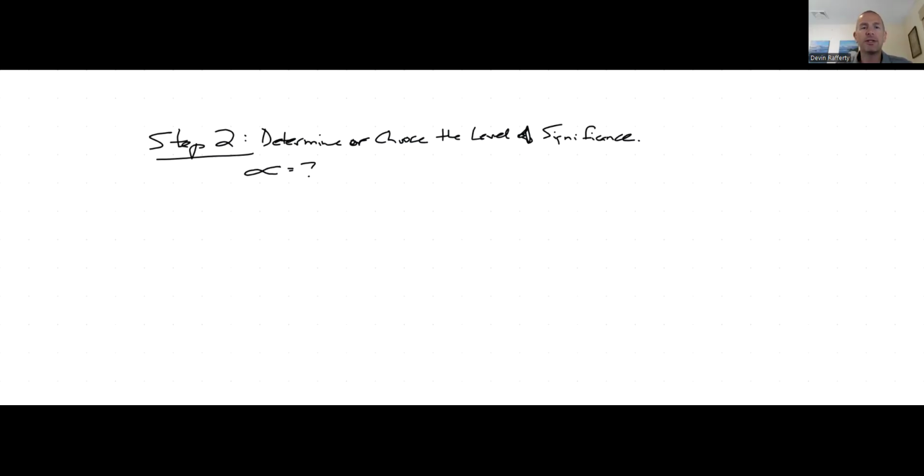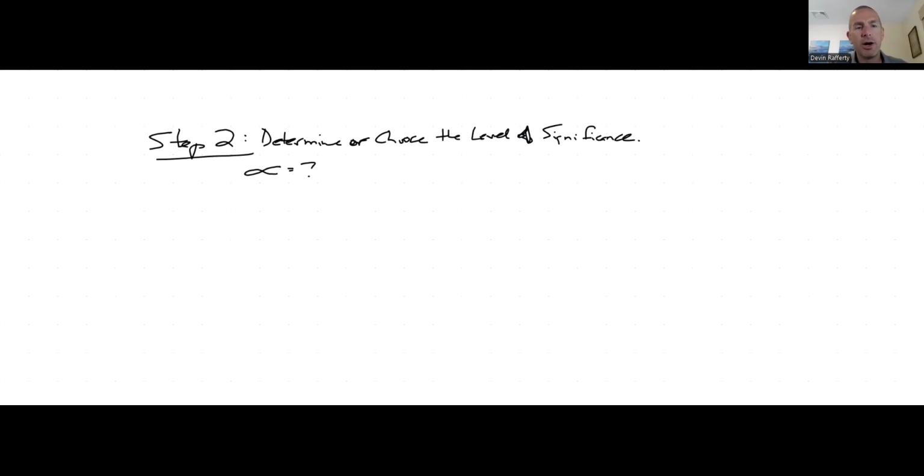But if you're doing this from scratch, right? If you're starting out on your own and running a hypothesis test out in the real world, you are going to have to choose the level of significance. So you choose it. You determine, all right, do I want the level of significance to be 0.01, 0.05, or 0.10? Those are the three most common ones. That's what everybody uses.